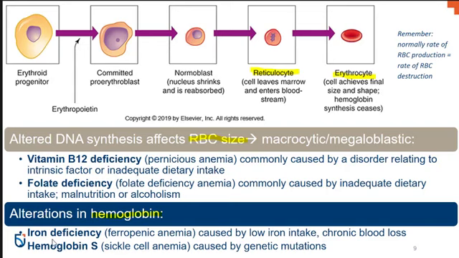Now, why is this important? Why is iron important? Why is that related to hemoglobin? Well, think back to that little diagram I drew earlier where I tried to draw an example of what one hemoglobin molecule would look like. So this is one hemoglobin molecule that has 4 parts to it.